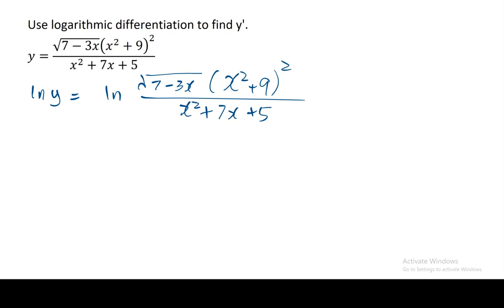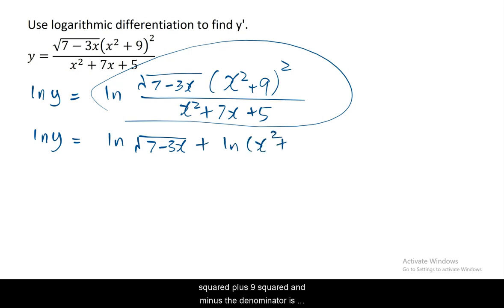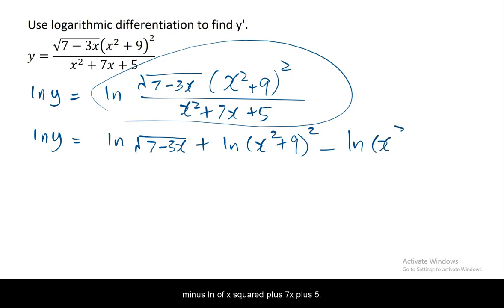Here we can expand this logarithm using the logarithmic rules. That's ln of square root of 7 minus 3x plus ln of x squared plus 9 squared, and minus, the denominator is minus ln of x squared plus 7x plus 5.